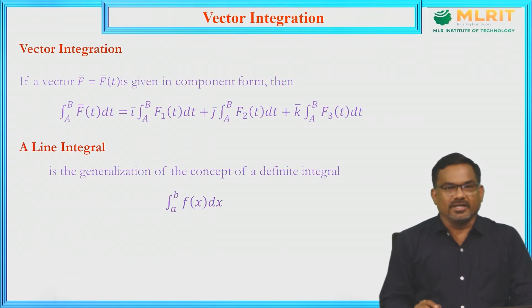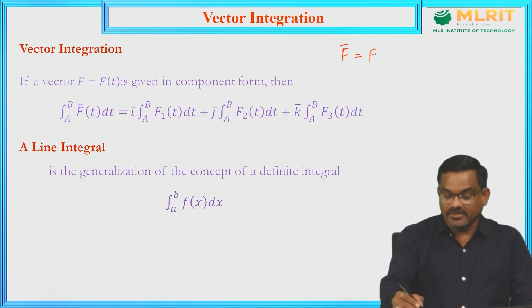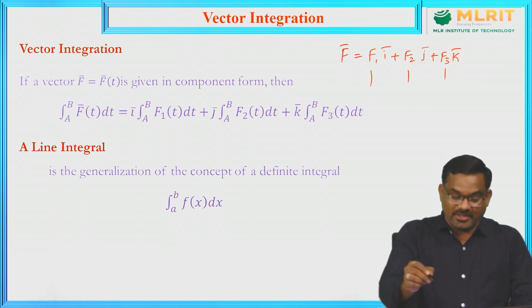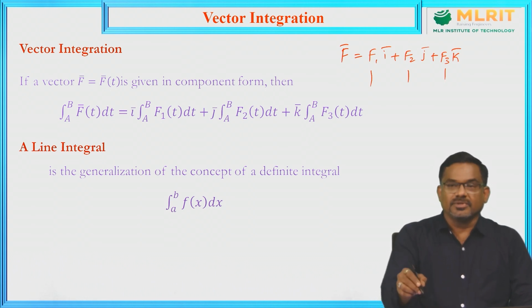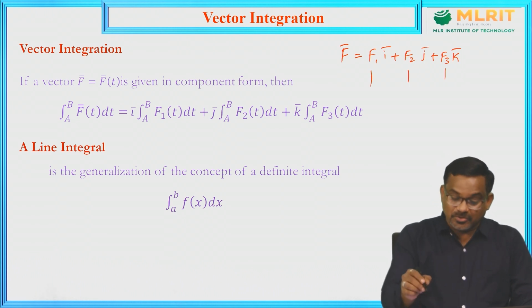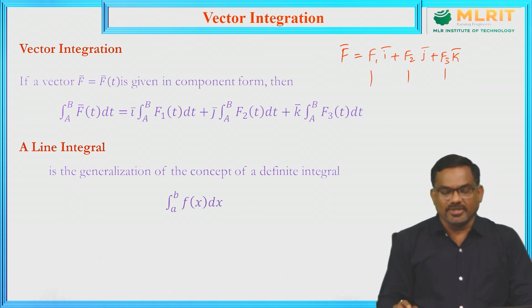Now, vector integration. Simply, if a vector f bar is given in component form, that means f1 i bar plus f2 j bar plus f3 k bar, here f1, f2, f3 are called components of the vector. If a vector is given in component form, evaluation of the integral of this vector f bar is simply to evaluate the integral of its corresponding components.